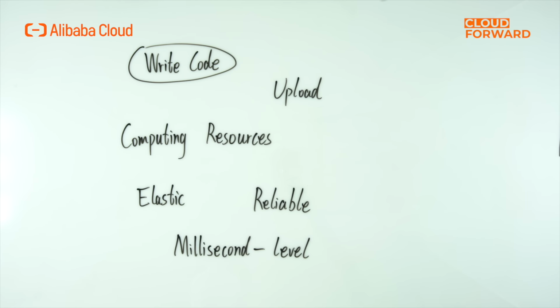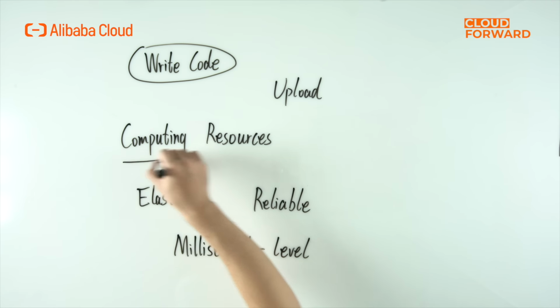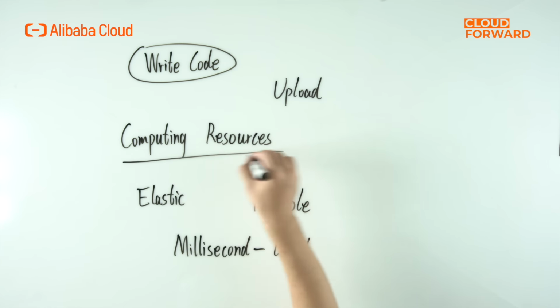You only need to write your code and upload it, and Function Compute will prepare the computing resources for you to run your code in an elastic and reliable way, achieving millisecond level elastic scaling and easily coping with peak pressures. How to quickly deploy a web application using Alibaba Cloud Function Compute.